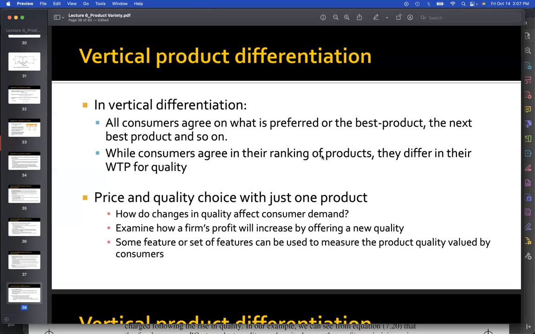Okay, so first we'll do price and quality choice with just one product. How do changes in quality affect consumer demand? Examine how a firm's profit will increase by offering a new quality. There is a set of features that can be used to measure the product quality valued by consumers.